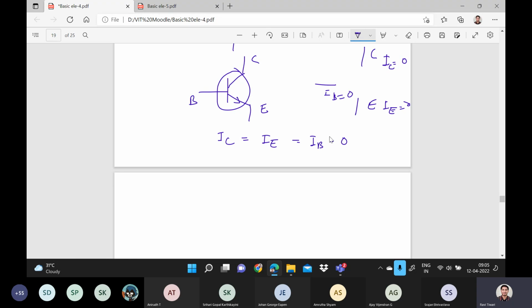So these are the regions in which you can work. Till now we have discussed the different regions of operation for the transistor, but among all these regions, we have found that the transistor operates well in the active region and hence it is also called the linear region.